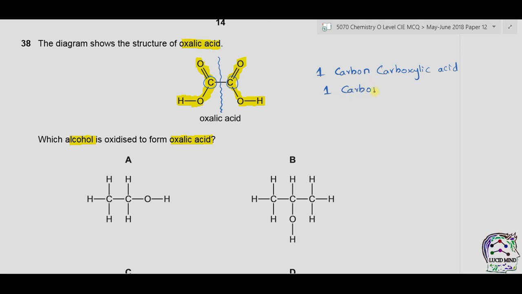A 1 carbon alcohol, when oxidized, forms a 1 carbon carboxylic acid. So for this carboxylic acid we need a 1 carbon alcohol. Again for this carboxylic acid we would need a 1 carbon alcohol. And the total number of carbons should not exceed 2.